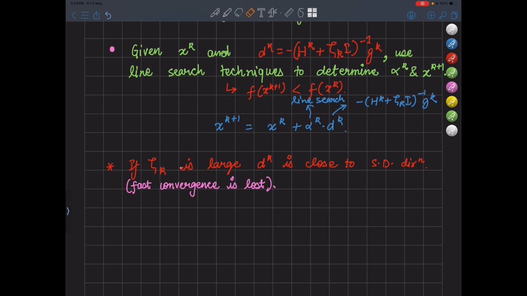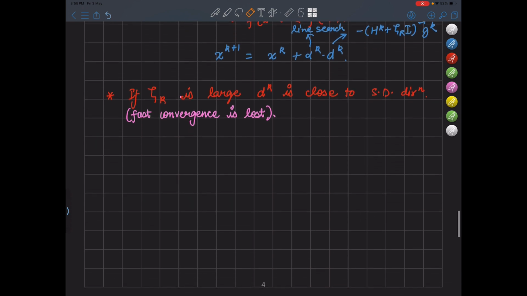So it has global convergence properties. It does converge: the descent direction given by the formula we are using will never become an ascent direction, so it guarantees convergence from any initial point.